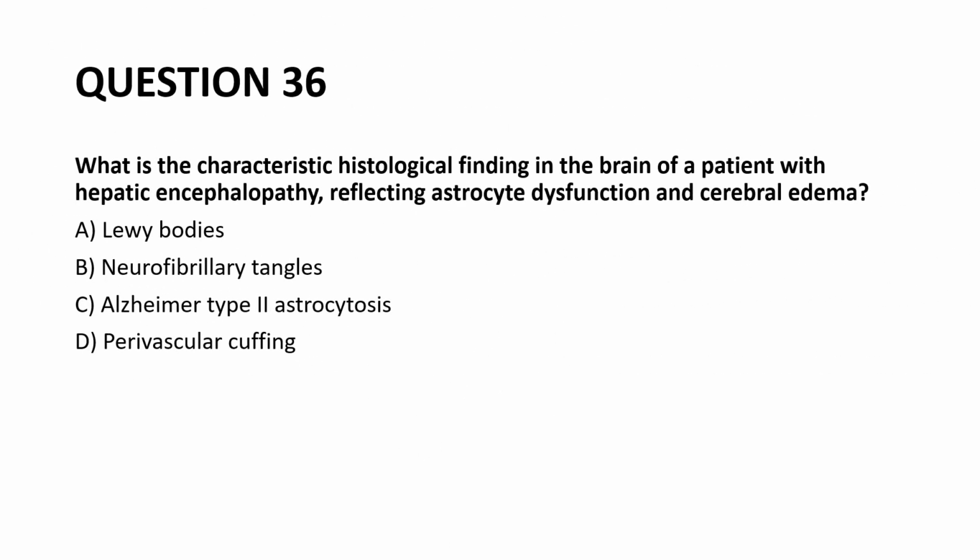What is the characteristic histological finding in the brain of a patient with hepatic encephalopathy, reflecting astrocyte dysfunction and cerebral edema? Lewy bodies, neurofibrillary tangles, Alzheimer type 2 astrocytosis, perivascular cuffing.